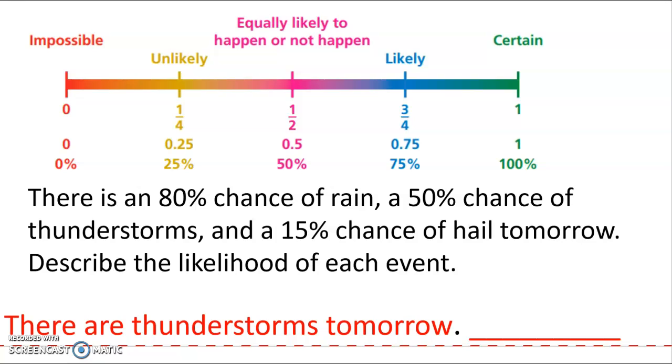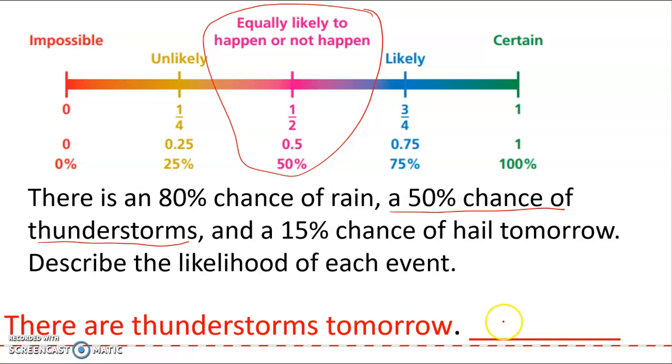So this one, let's see, the thunderstorms tomorrow. So which one is thunderstorms? Let's see, 50% chance of thunderstorms. So 50%, that is the equally likely to happen or not happen. So I just write equally. And that was the 50%.